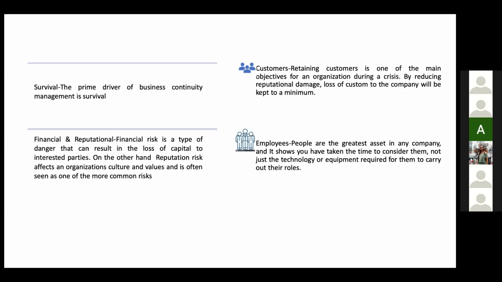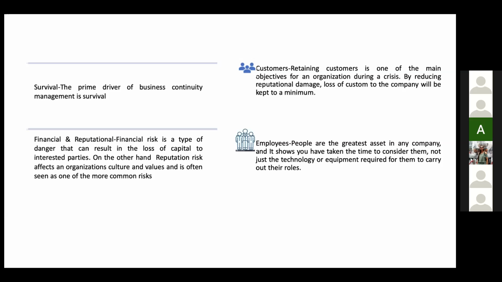By reducing reputational damage, loss of customers to the company will be kept to a minimum. Businesses want to remain up and running after a disaster if they have a good continuity plan in place. They are less likely to be closed for extended periods or have alternative measures in place. As a result, they will retain their customers.